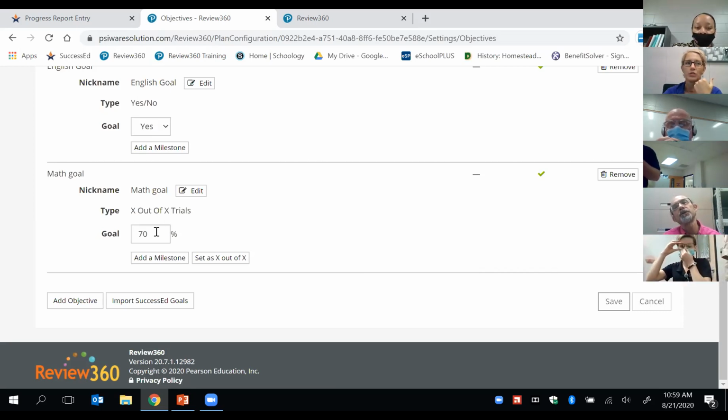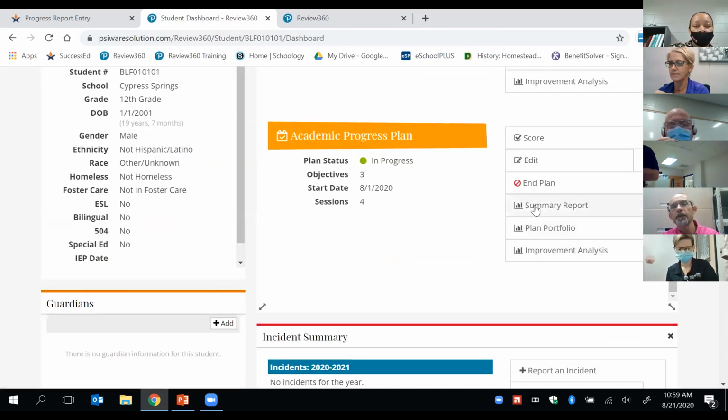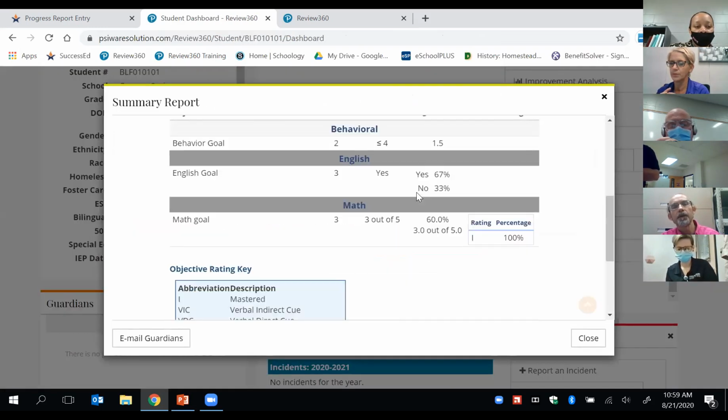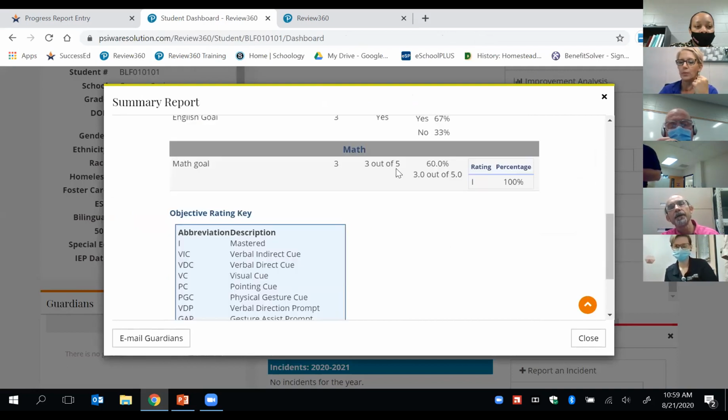It's not going to change what you get when you have a summary report. So whether I make this 40%, or even 2 out of 5, it doesn't matter. Whenever you go to run a summary report, this 60% is going to be the exact same, okay? So that part doesn't really matter.